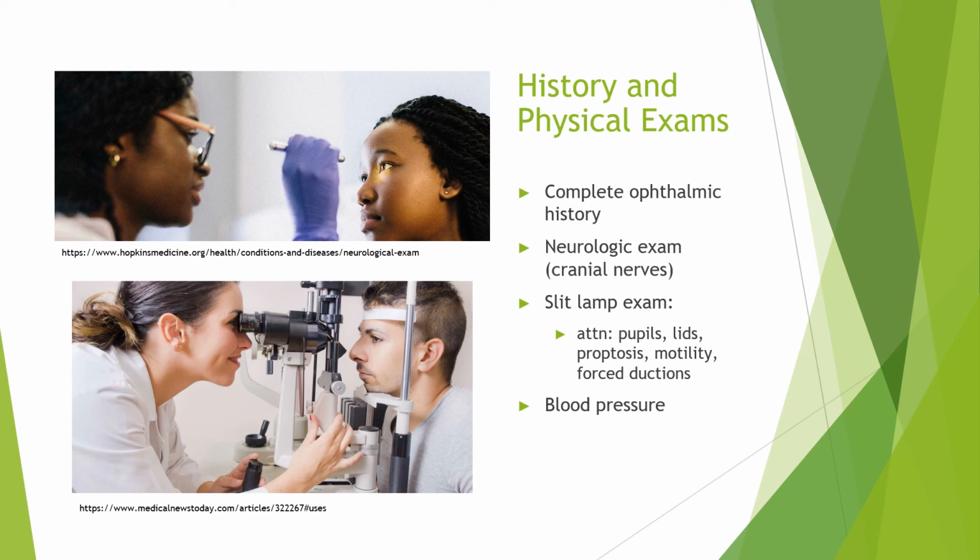As for the physical exam in general, we can conduct a thorough neurologic exam with a focus on cranial nerves 2, 3, 4, and 6. The most important part of the vitals would be blood pressure in this case.